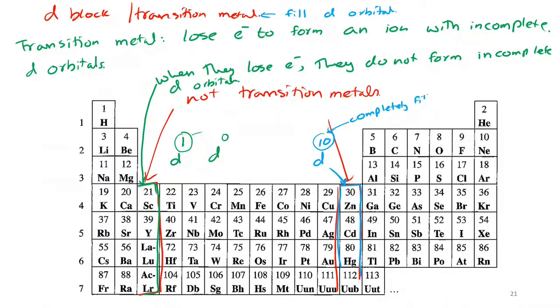When something completely fills a certain orbital level, it becomes very stable. Because of that, it is not losing electrons from the d orbitals. So for that reason, we consider the elements in the last column in the D block also not as transition metals.